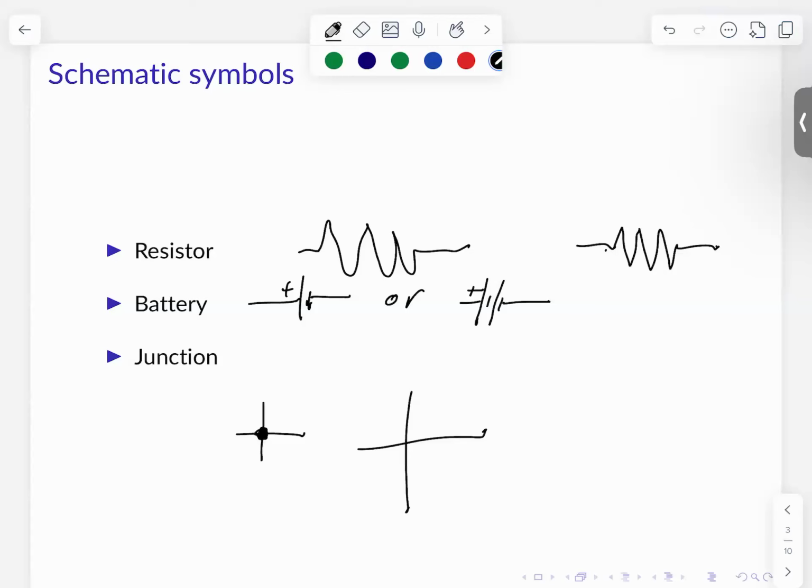This is not a junction. A junction is where multiple wires come together and touch. Aw, how touching. This is a vertical wire and a horizontal wire passing through each other, not touching. This and this.